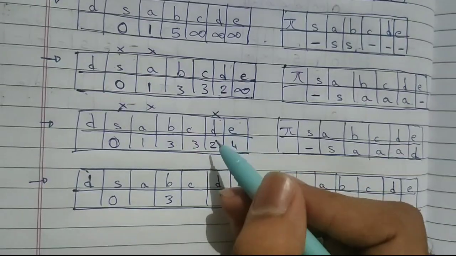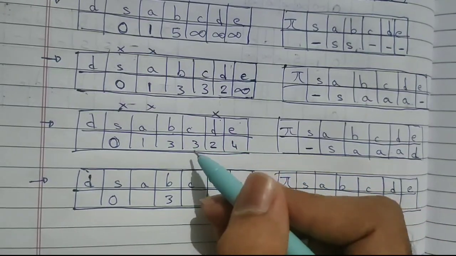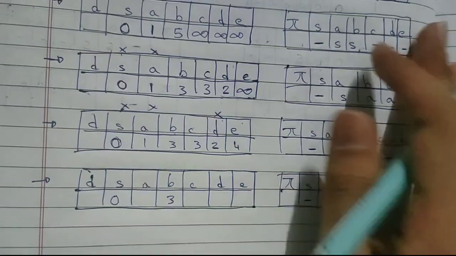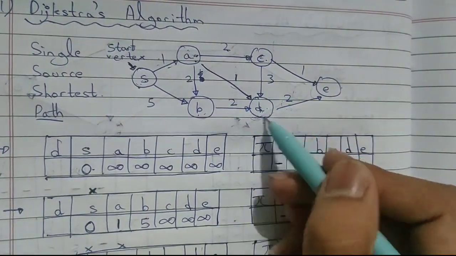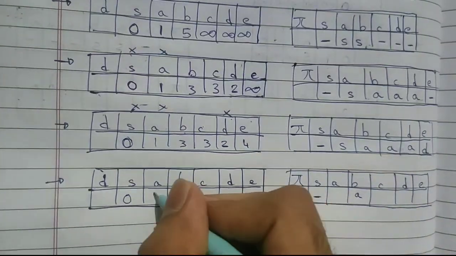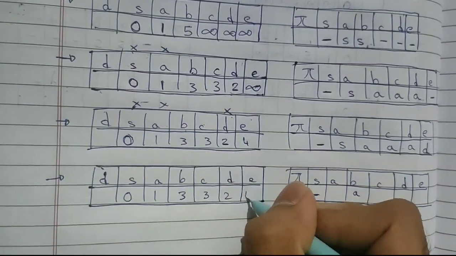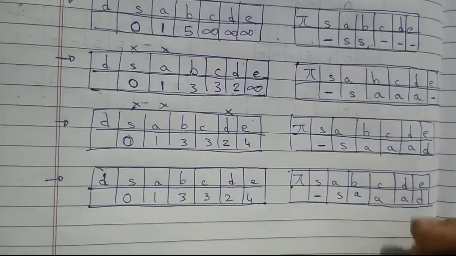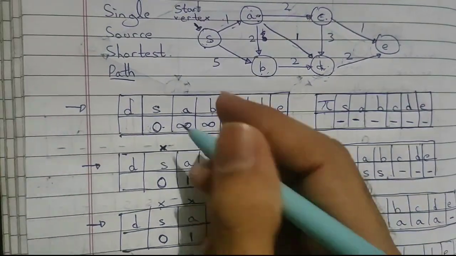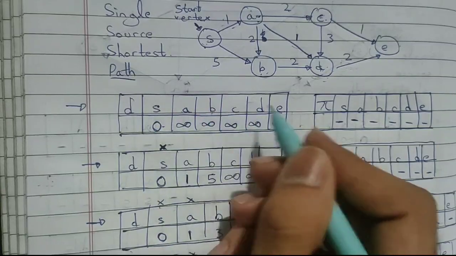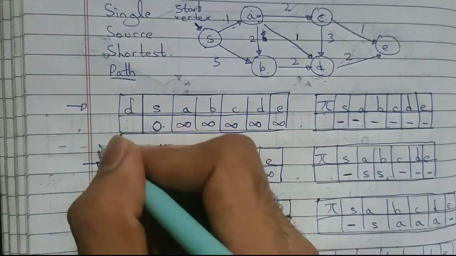So according to this, the minimum distance is 5, according to B. Now let's check whether that is actually true or not. The minimum distance to go to D should be 5. But as you can see, 5 is not less than 2, no? So this value will not get updated. And since B only had one neighbor D, that is all it will check. So in this case, our table completely remains the same.